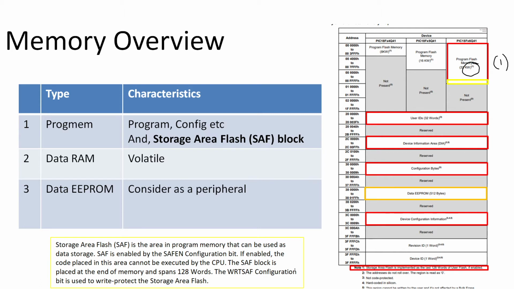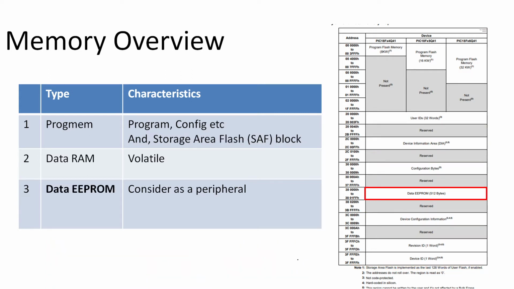And that has different characteristics in terms of the number of writes and its storage. So you've got EEPROM for long-term storage, and you've also got SAF. And we treat those very differently because of the way that they operate. If we then look at data EEPROM, as I've said, there are a different set of operations, EP write and EP read, and it just works.